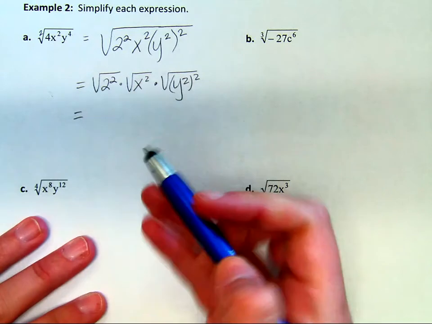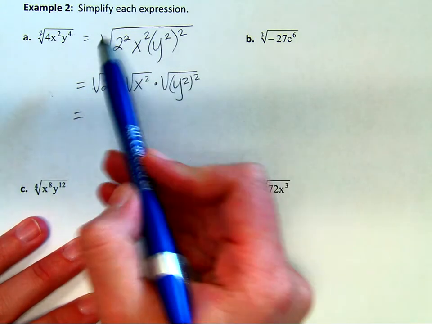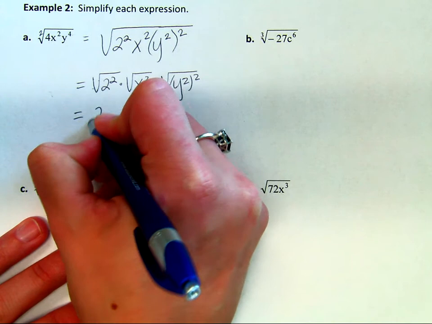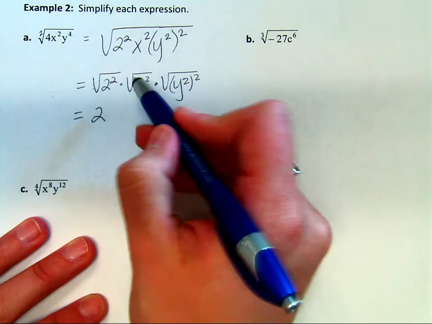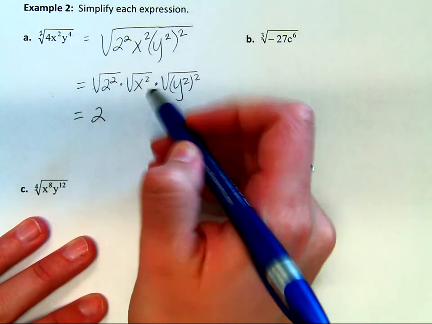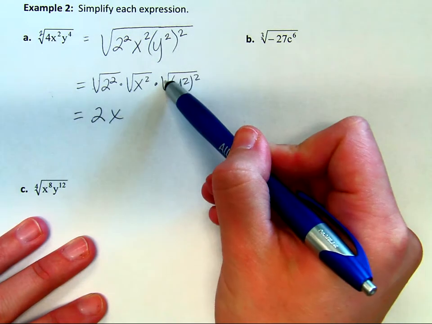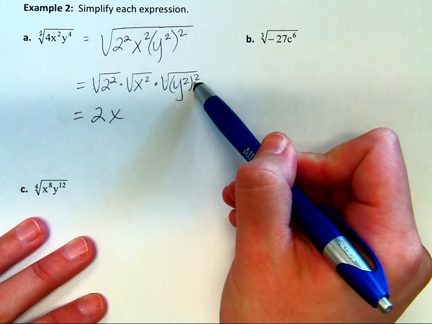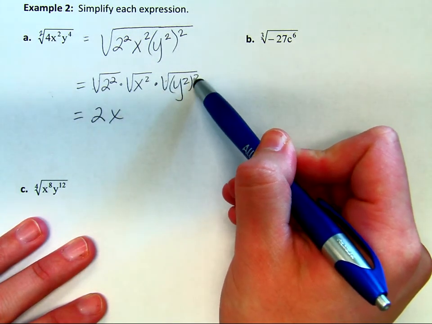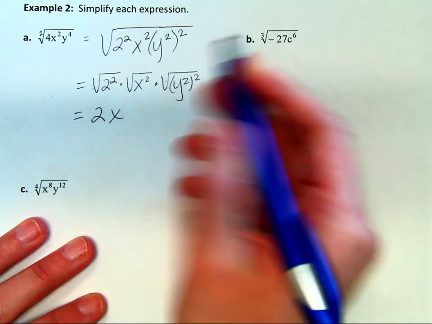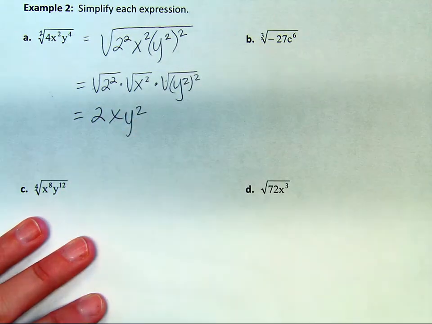The square root of 2 squared, these two things are inverses, they undo each other, so I'm just left with 2. Square root of x squared, again inverses, I'm just left with x. And this square root and this outer squared undo each other, so I'm just left with the inner part, y squared. And that would be simplified.